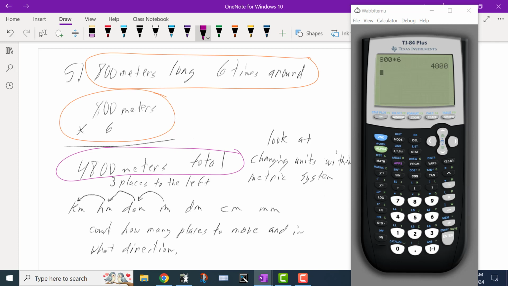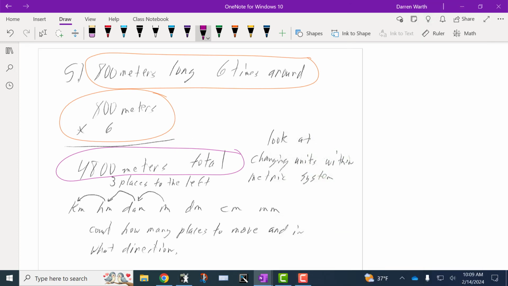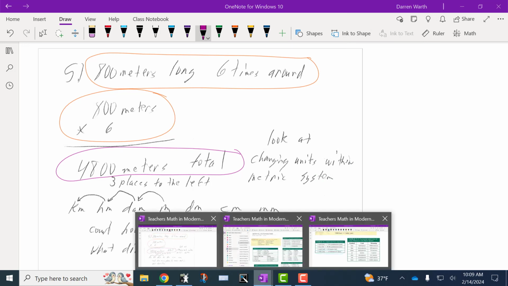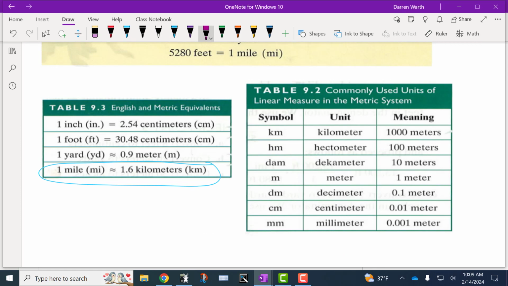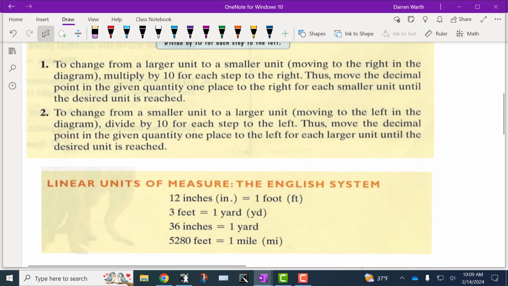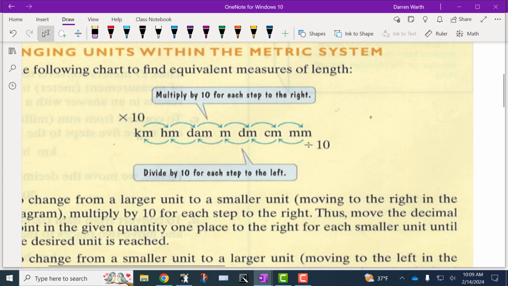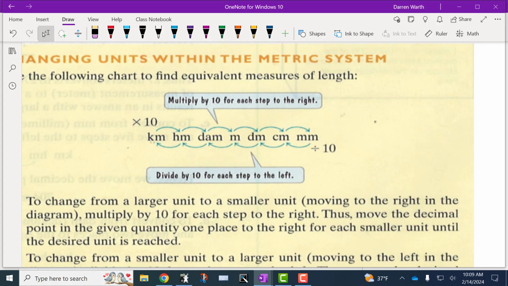Okay, now if you go back to your formula sheet, you're going to be converting meters to kilometers. If you look at your formula sheet, you're going to notice here's our conversion right here within the metric system. So we had 4,800 meters, and we're going to go to kilometers.